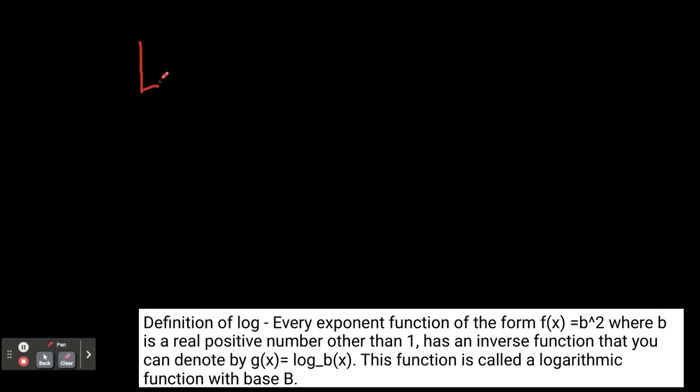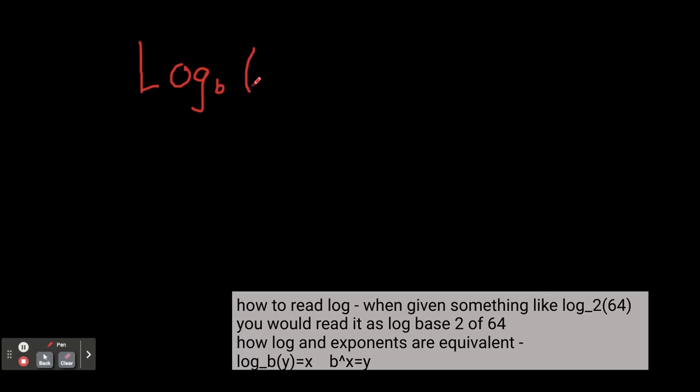So log, you have your base b, of y, which then will equal your power, or x. Now in exponential form, that would be b to the x equals your y.